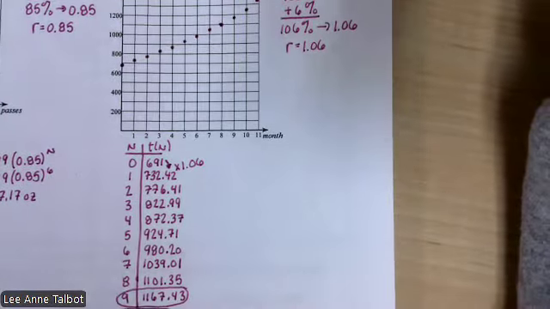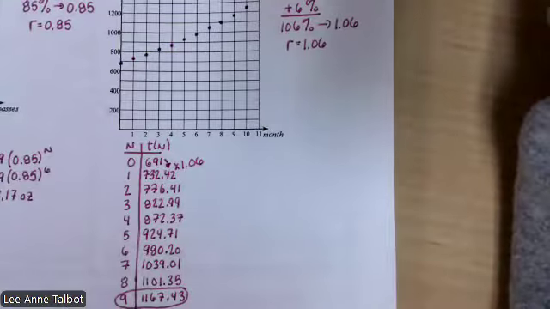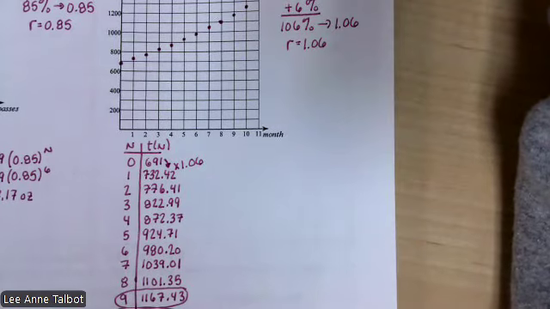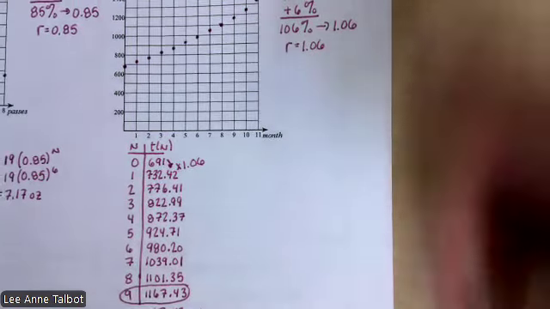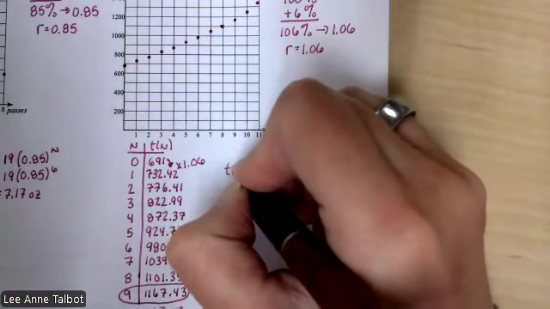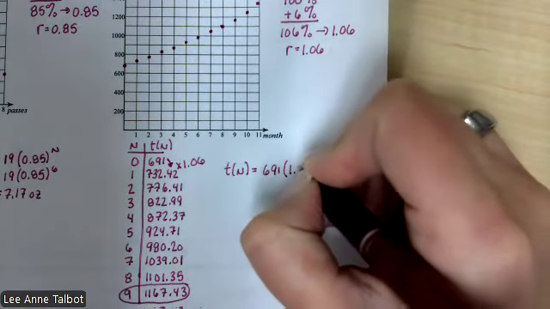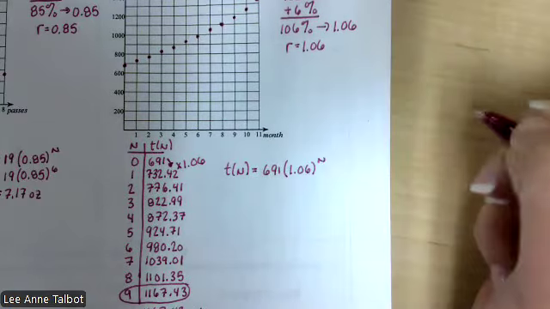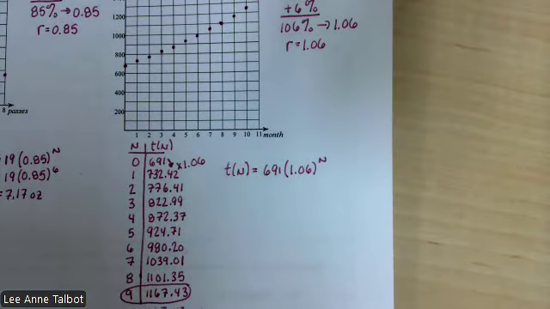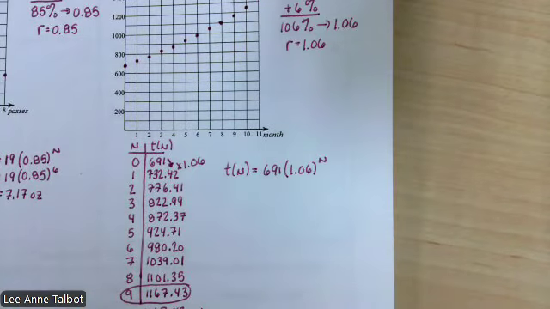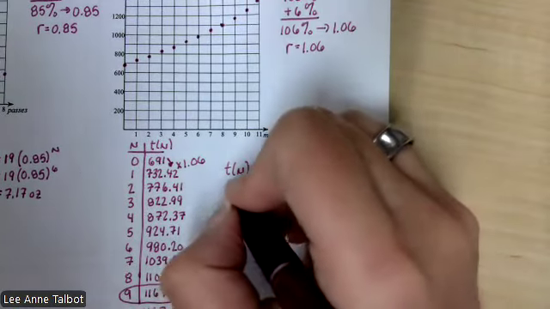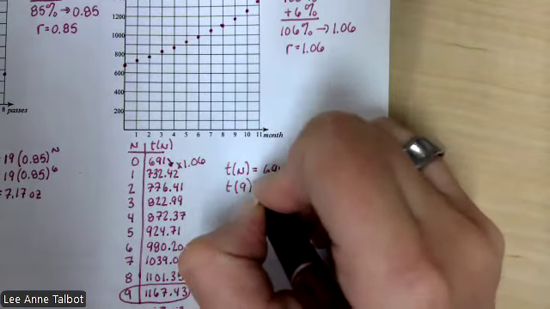I was starting to worry about it being too linear at first, but then it came through. Okay, last bit. T of n equals 691 times 1.06 to the n. And we want to find 9.